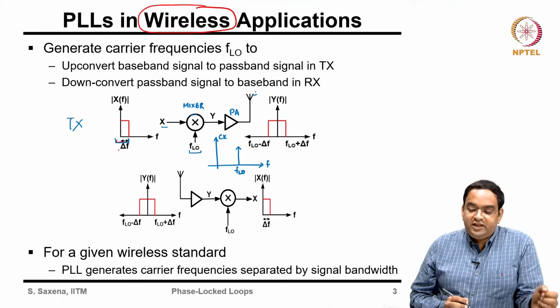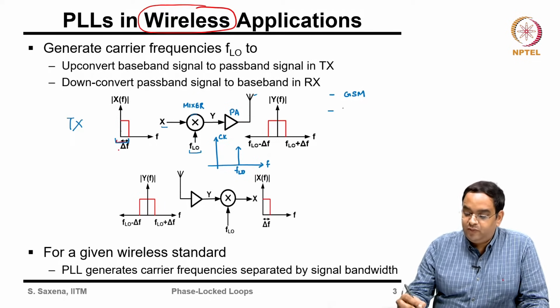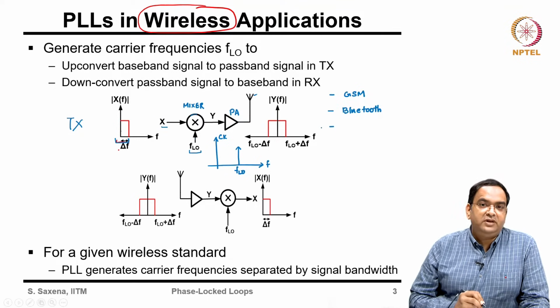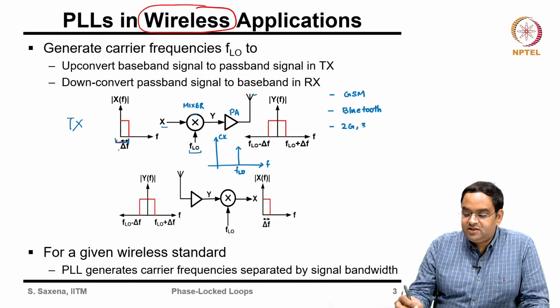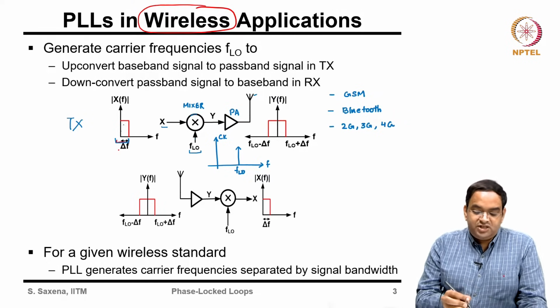Okay. So, whether you use your wireless standard which is GSM or you use your Bluetooth, all these wireless standards, they work on the similar principle. Bluetooth, all the 2G, 3G, 4G and upcoming 5G, all these standards, they have the information in the baseband.